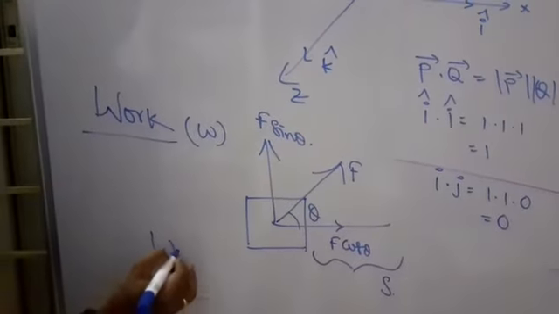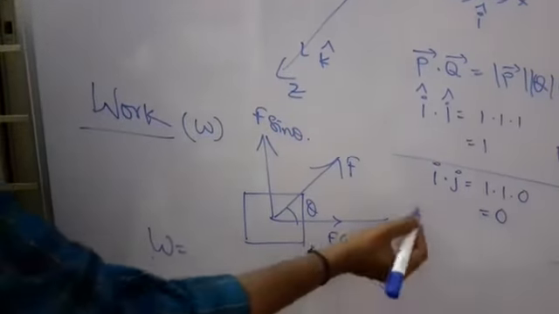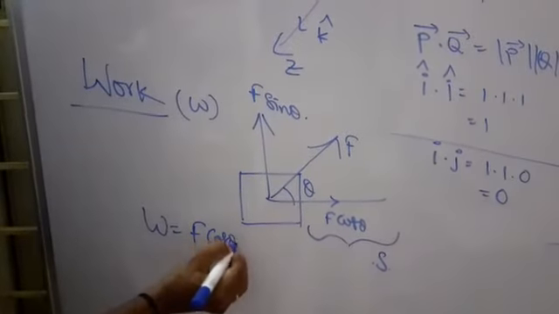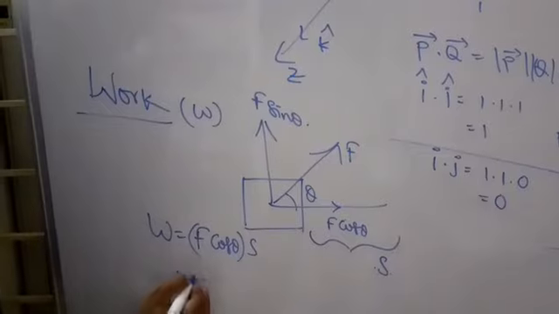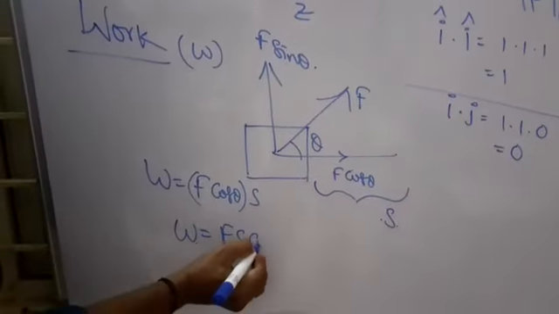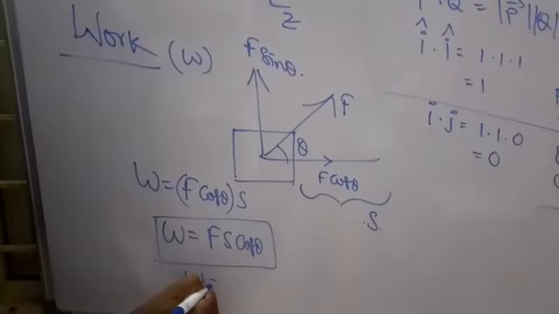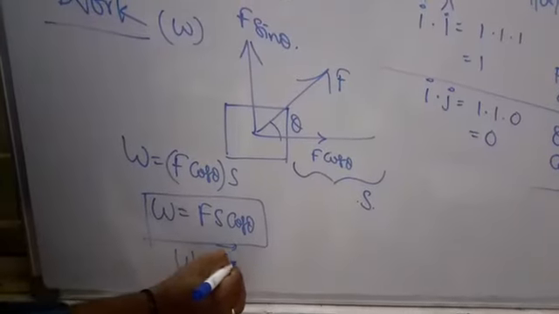Work is the product of the force component and displacement along the direction, that is F cos theta into S, therefore Fs cos theta. So W is equal to F bar dot S bar.